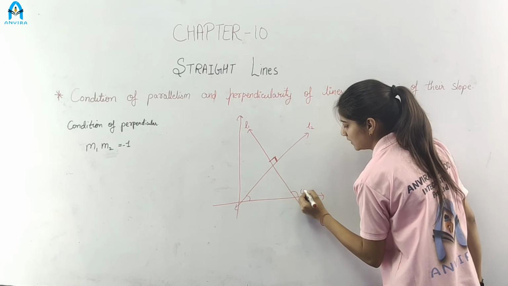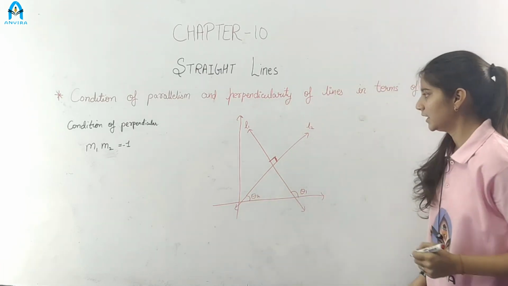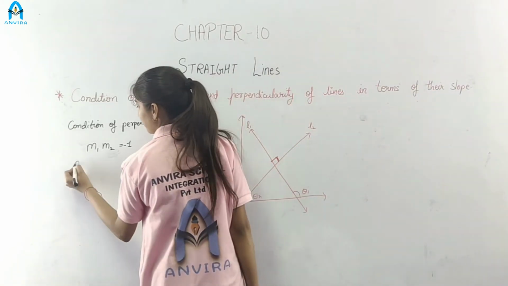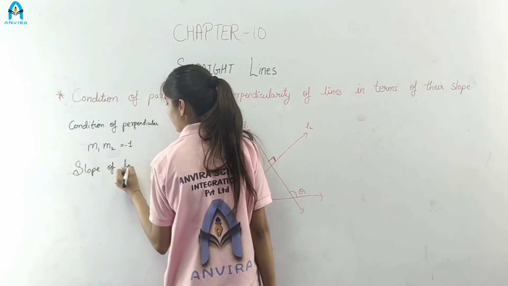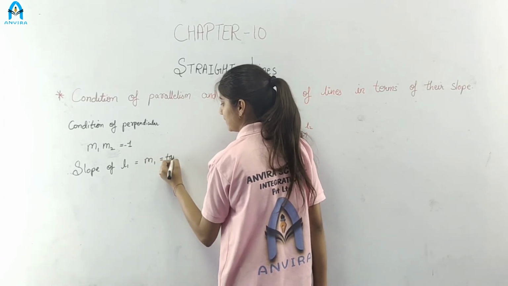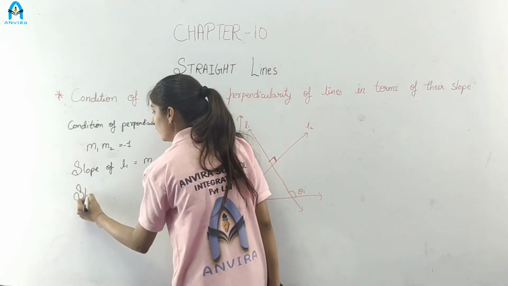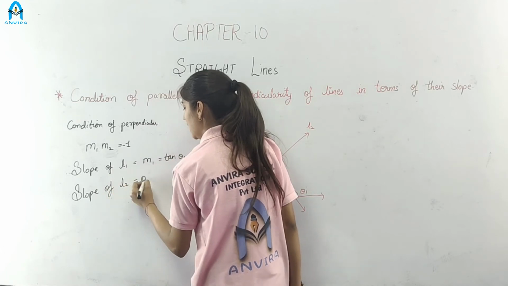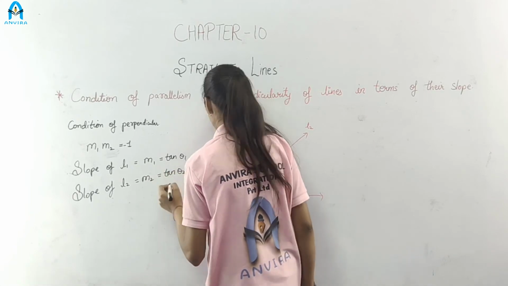If this is θ1, then this will be θ2. So the slope of the first line is tan θ1. Similarly, the slope of line 2 is M2, that is our tan θ2.